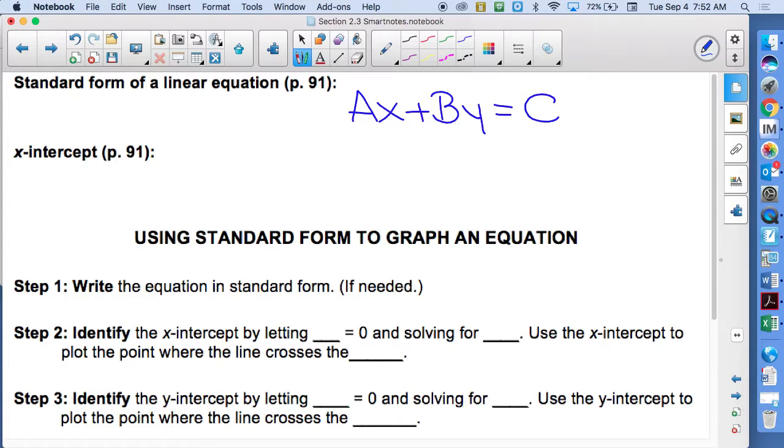And we can graph equations or functions in standard form using the x-intercept and also the y-intercept. So we said a y-intercept was where the graph crossed the y-axis. What's an x-intercept? Odette? Across the x-axis. Yeah. So the x-intercept is where the graph crosses the x-axis.